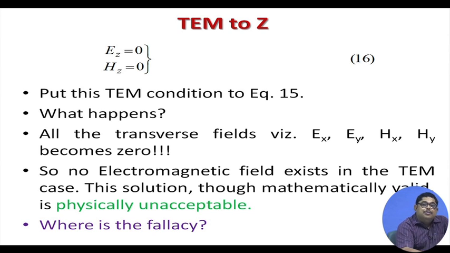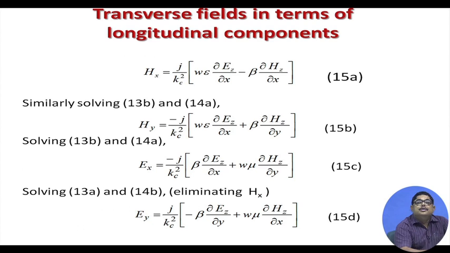Let us once again see this equation. Now, we have said Ez, Hz all are 0. But what is this Kc? So, Hx will be 0 if this is 0 and Kc is not 0. But what is Kc?